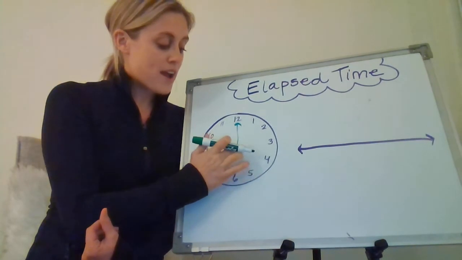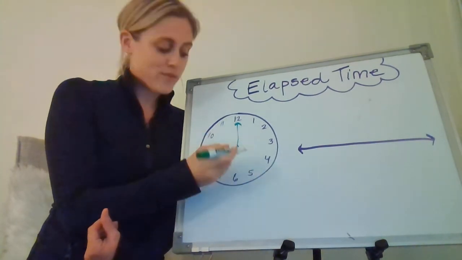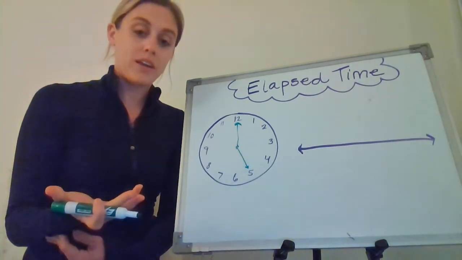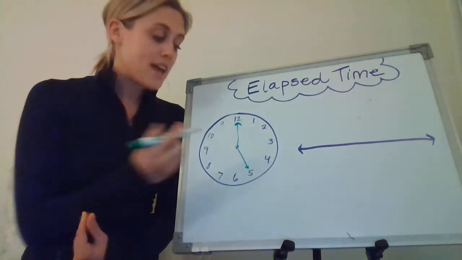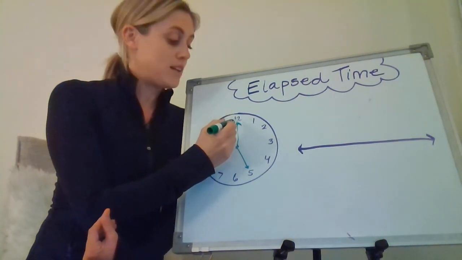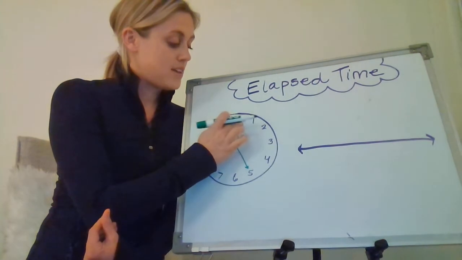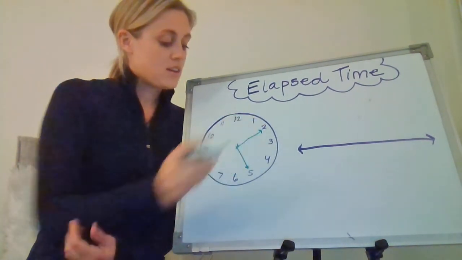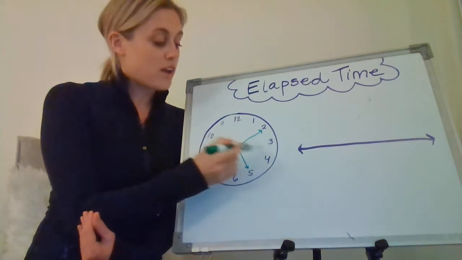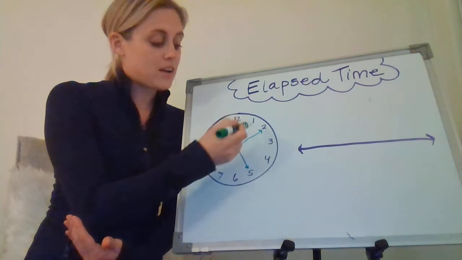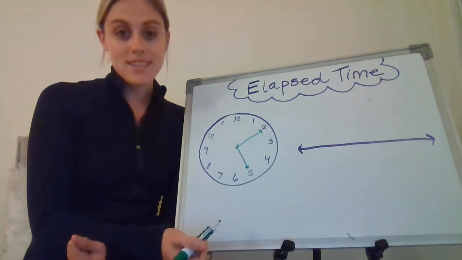If I'm adding 1 hour, I go from 4 o'clock to 5 o'clock. That's 1 hour later. Now, if I'm also adding 10 minutes, I need to move my minute hand an extra 10 minutes. So 5, 10. So you went outside to start chalking at 4 o'clock, and an hour and 10 minutes later, you're at 5:10.